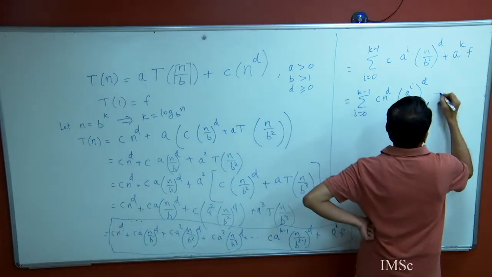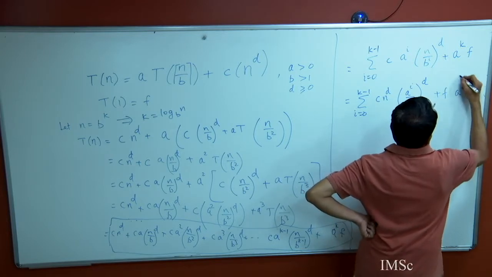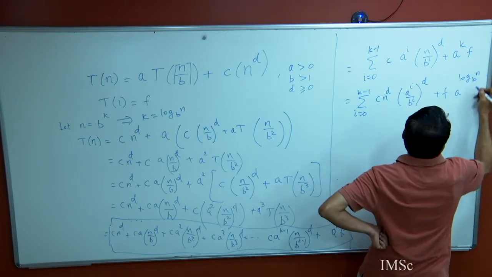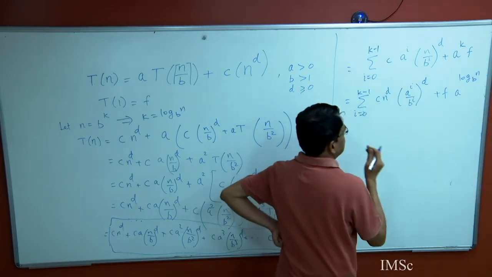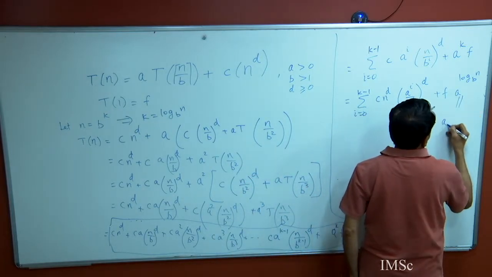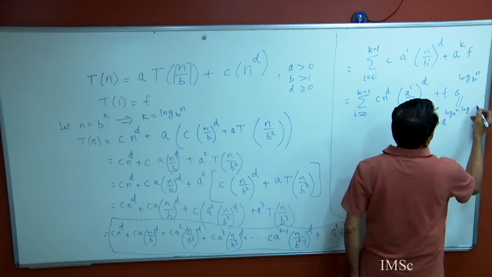Okay, what is A power k? So f into A power log n to the base b. So what is this? This term is basically A power log A into log n to the base b.